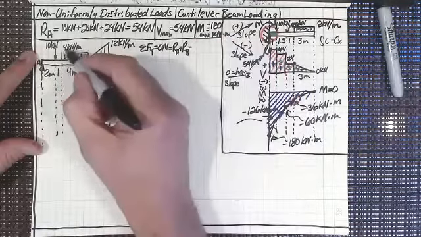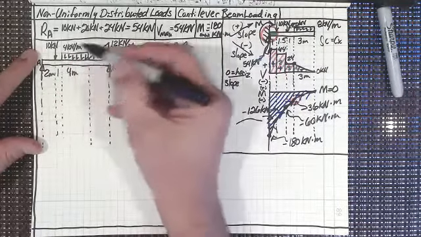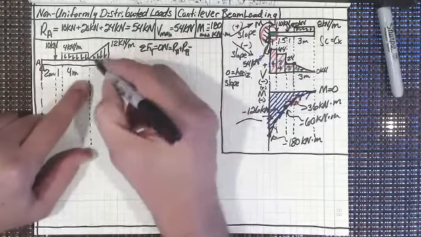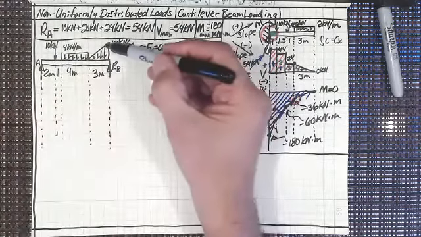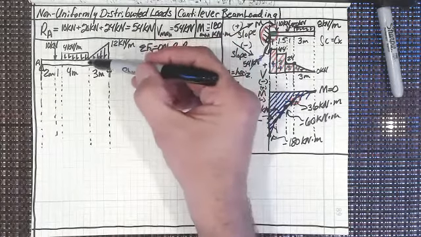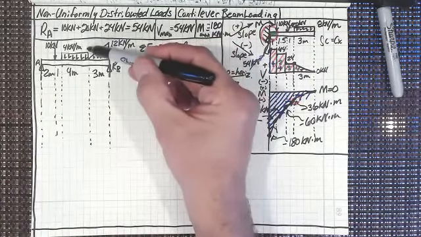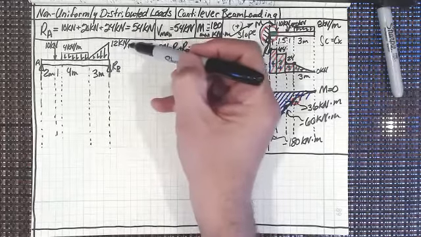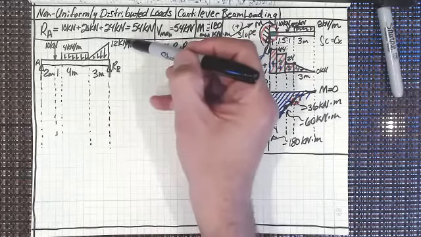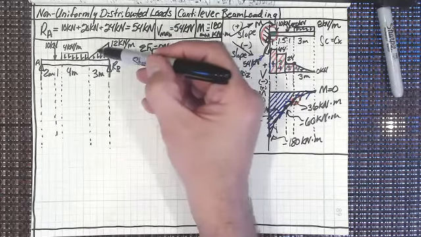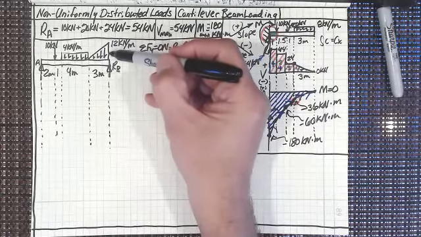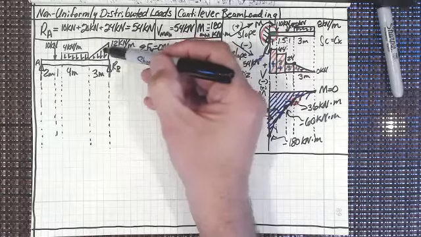So that's 16 kilonewtons total. And then this over here is 3 meters. So if it was a uniform loading, that would be 36 kilonewtons, wouldn't it? But it's not. It's a triangular loading. So it's 1/2 that, isn't it?